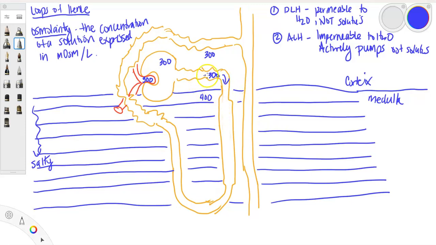So as we go down into the medulla, the osmolarity starts to increase. Okay, so it's 400. Then it goes to, let's say, 600, and then 800, whatever, all the way down. And as it's going down, water is leaving.